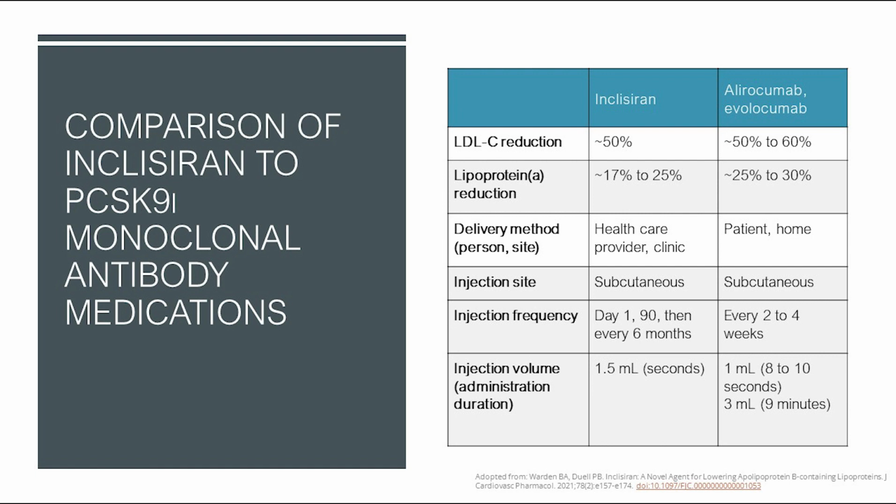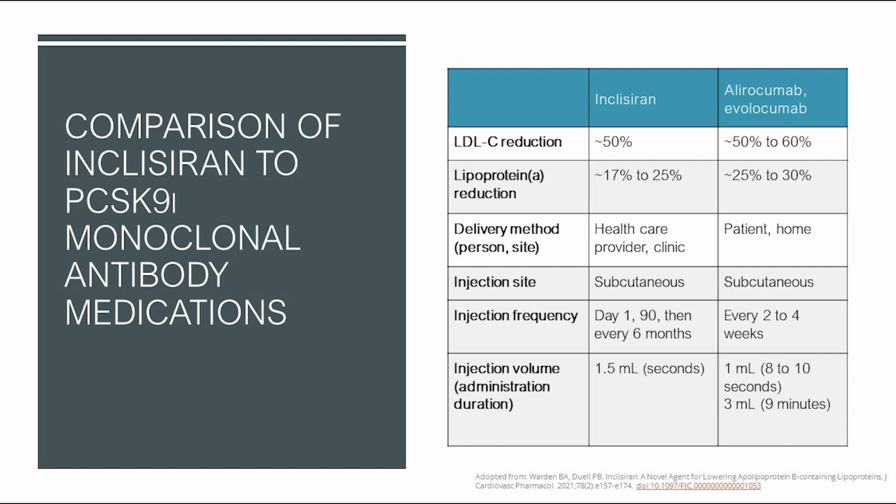While both of these agents are injected subcutaneously, inclisiran must be administered by a healthcare provider in a clinic, whereas our monoclonal antibodies can be given by the patient at home. And speaking of administration, the frequency at which both of these categories of drugs are given also differ significantly.